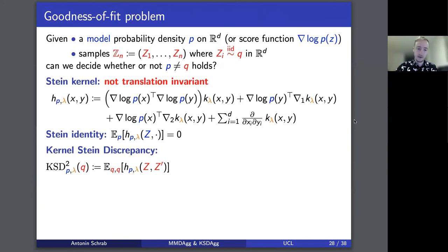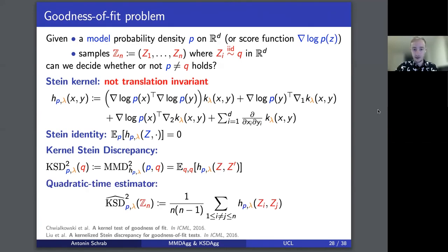So they disappear. We just have that the KSD is the expectation with respect to Q of the Stein kernel. And of course, we don't have access to Q. So we use a quadratic time estimator, a U-statistic, not an average, sorry. It was the same before. Those tests were first introduced in these two papers at ICML 2016.